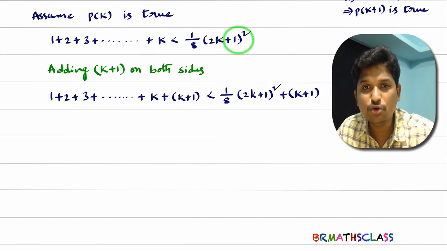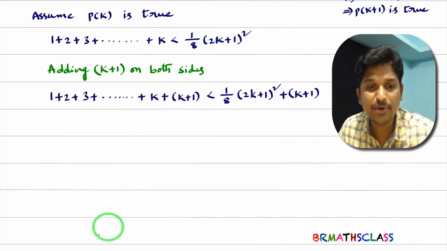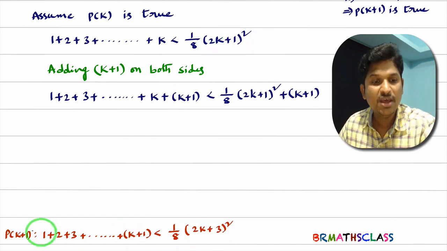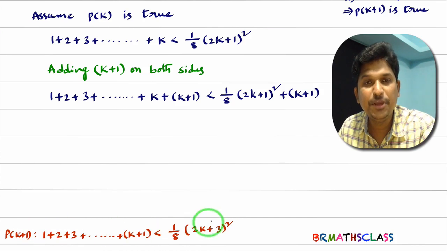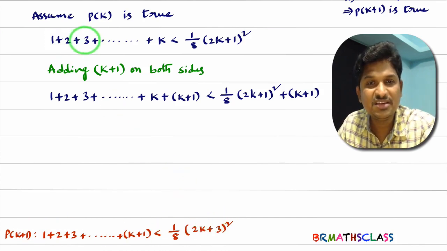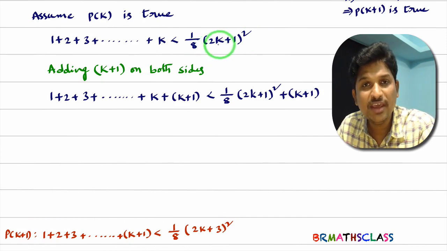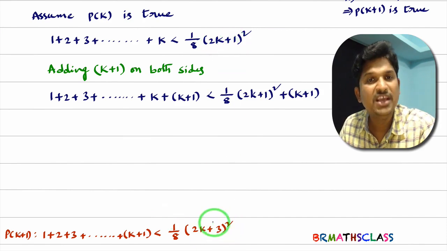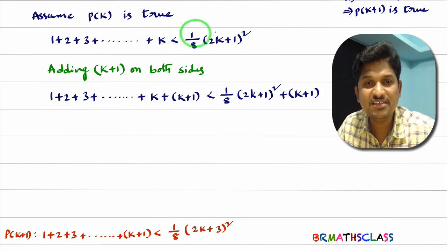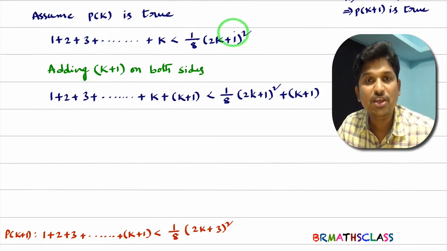That's why I am writing P of k plus 1 here. You see this, I wrote P of k plus 1. In this statement, wherever k is there you write k plus 1. You see here, 2 into (k plus 1), that is 2k plus 2 plus 1, that is (2k plus 3) whole square. It can be understood easily. In place of k, you write k plus 1. Then you will get P of k plus 1.